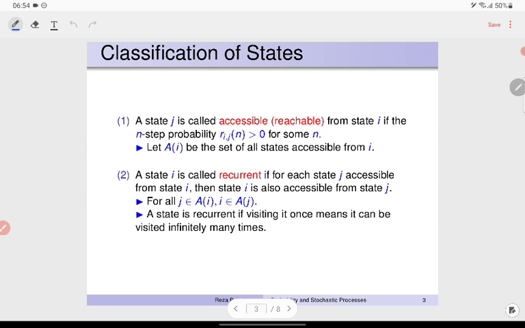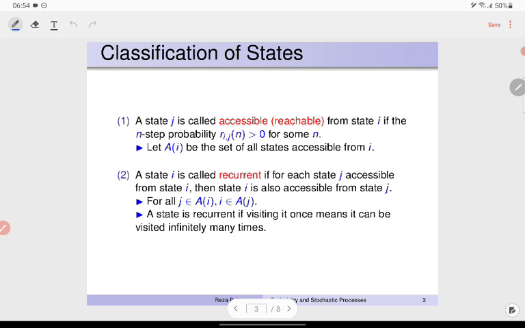That means there is a way to go from state i to state j within n steps, and it happens with a non-zero probability. We have already seen in the previous topic the probability of a path; the probability of this path from i to j is non-zero.